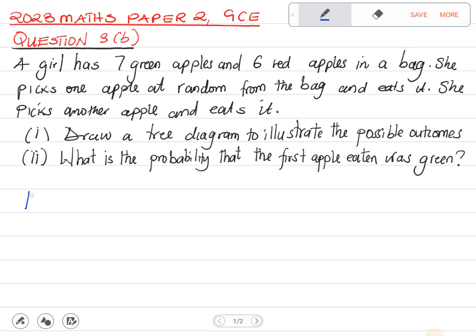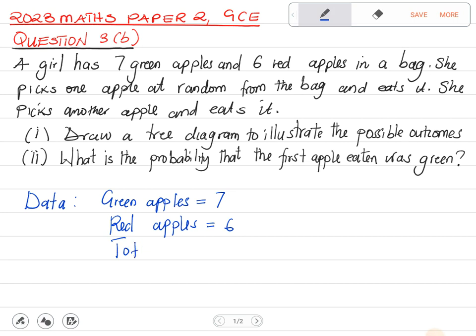So the information that we have at hand is that we have green apples, there are 7, and we have red apples, which are 6, hence the total apples is 7 plus 6 to give us 13 apples.